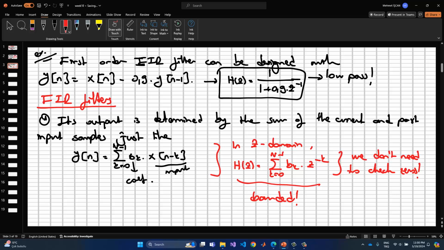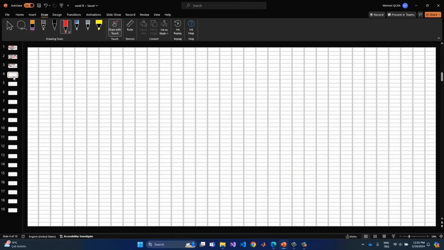So how can we describe the advantages of the FIR filter? First of all, FIR filters are inherently stable, since we don't need to use feedback.